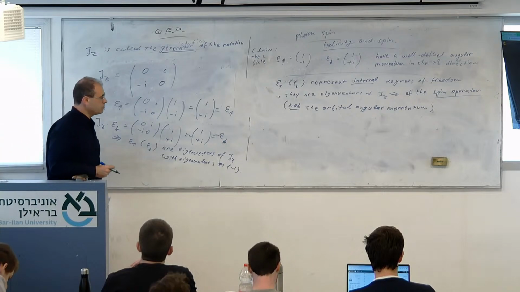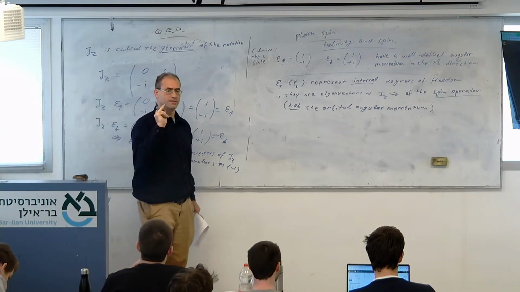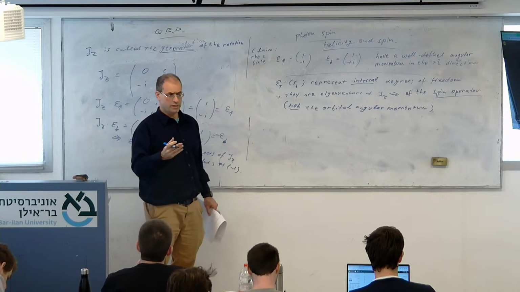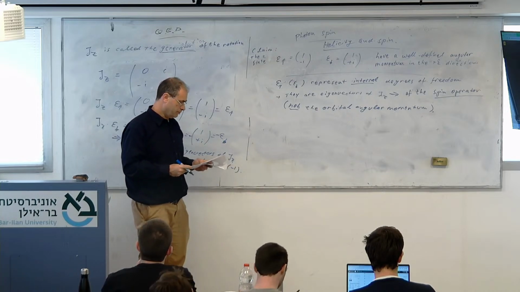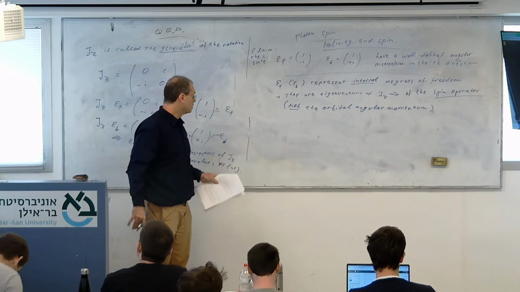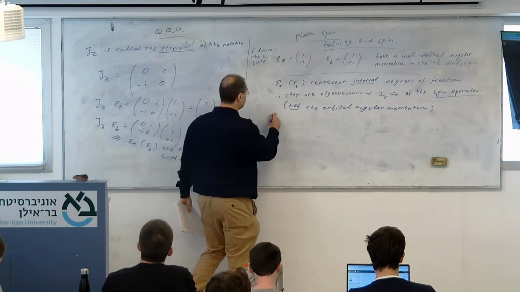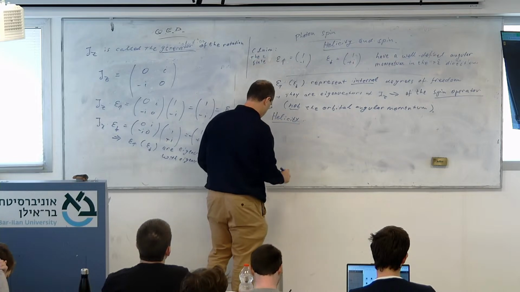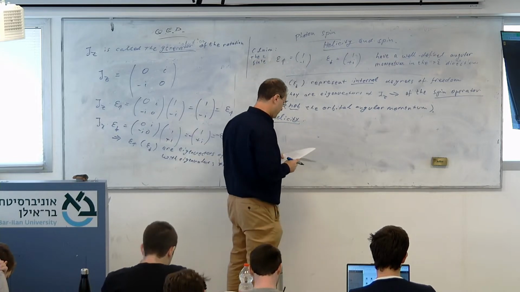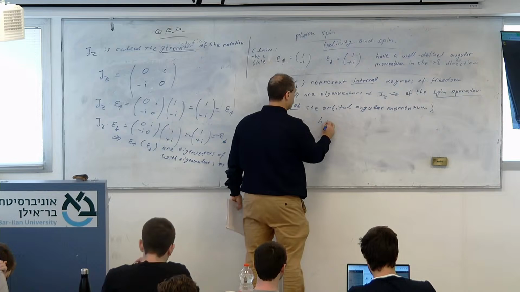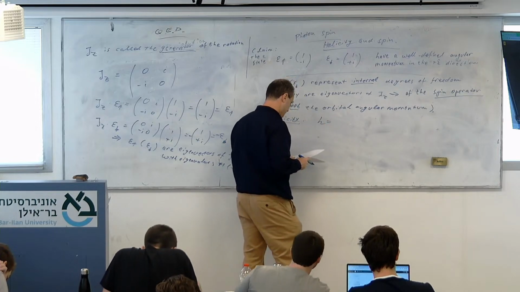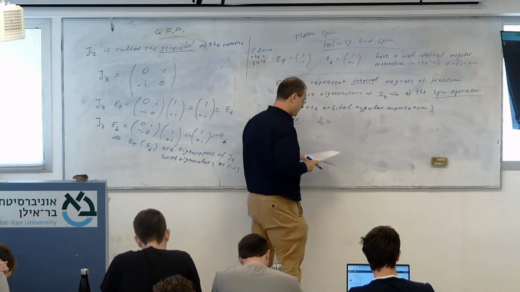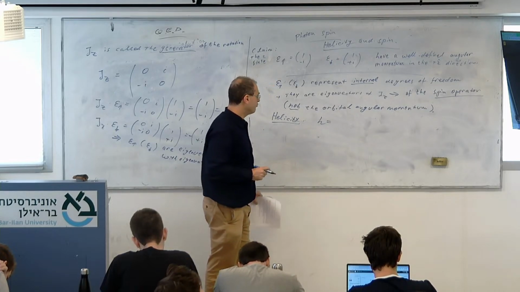Now we chose that the photon is moving in the z direction. This was an arbitrary choice. The photon could be moving anywhere. So we define the helicity h as the normalized spin in the direction of motion.